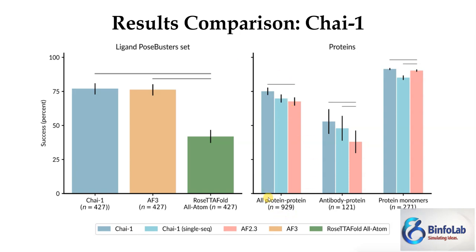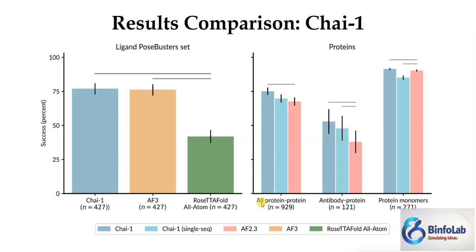On the other hand, they have also tested for all atoms the Chai-1 single sequence, the Chai-1, and AlphaFold 2.3 and AlphaFold 3. AlphaFold 3 is tested here, and for this panel they have tested the AlphaFold 2.3 version. I think at that time AlphaFold 3 was not released, so this could be one reason.